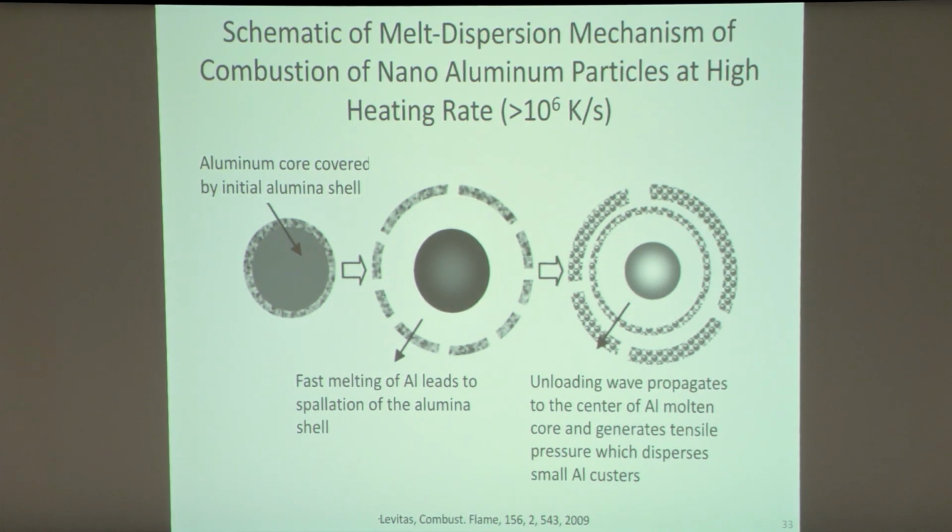Okay, so as that happens then, basically I have an aluminum core covered with an initial aluminum shell. The fast melting of the aluminum leads to spallation of the aluminum shell, and as a consequence, the unloading wave propagates to the center of the molten aluminum core and generates tensile pressure, which disperses, in this case, small aluminum clusters instead of just gaseous aluminum, which has been said to really enhance then the oxidation rate because I'm really throwing out these small particles.